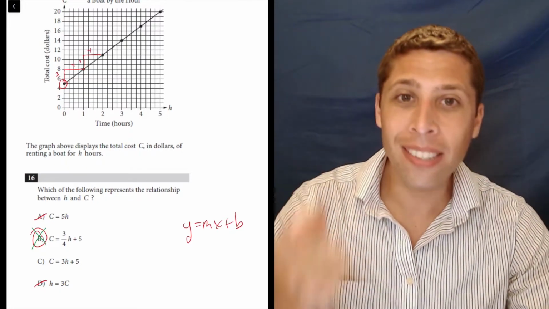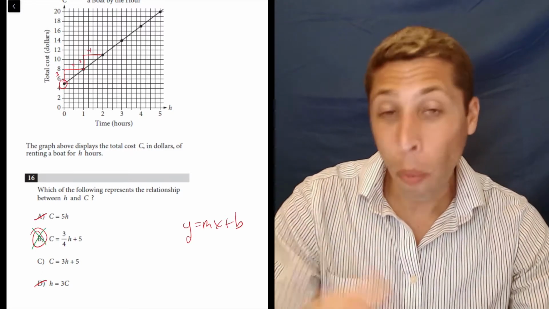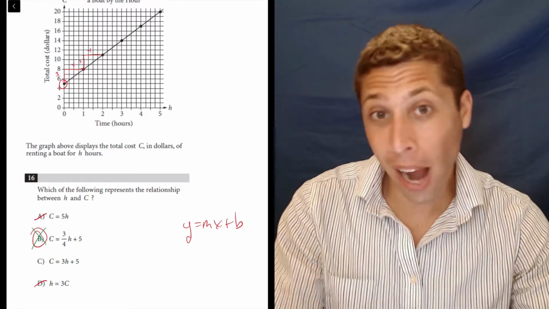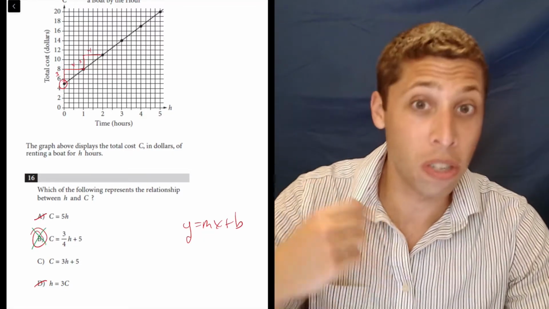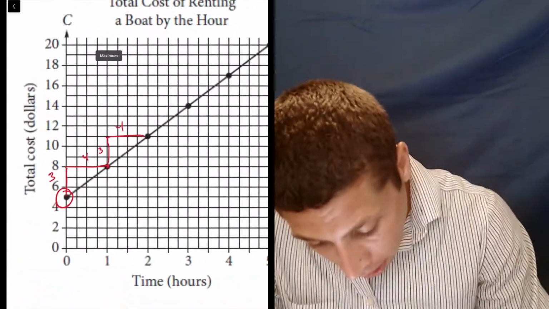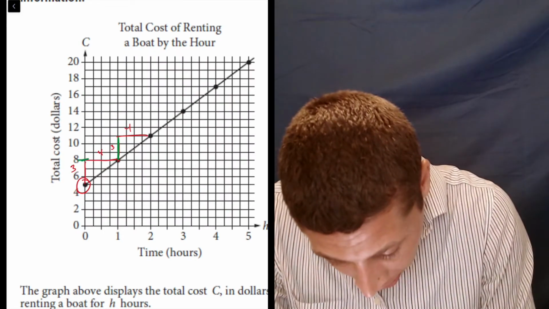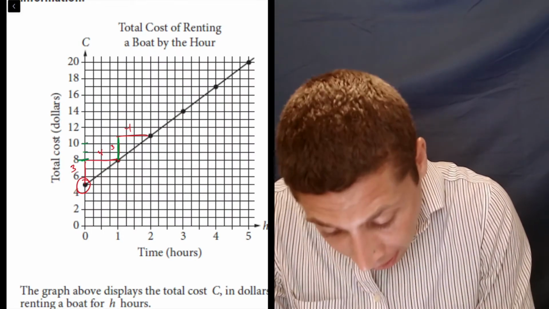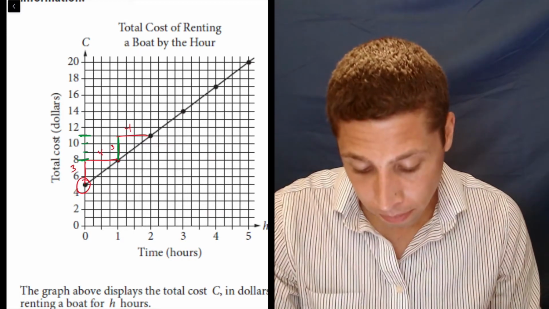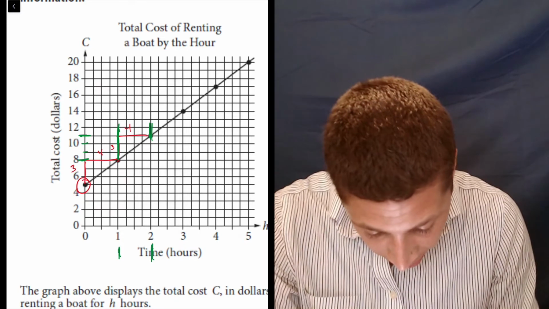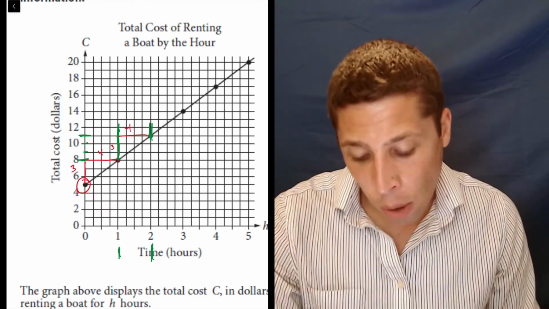But the boxes don't mean what we think they mean, right? Normally when we see boxes on our graphs, they all mean the same thing. They're usually just one unit. But if we look here, 3 boxes is indeed 3 units, right? 8, 9, 10, 11. But 4 boxes? No. 4 boxes is just 1 hour.